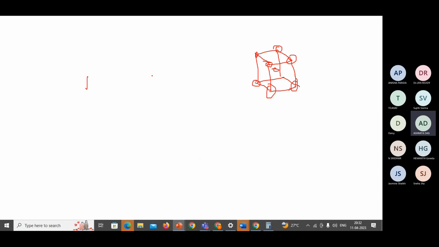Face diagonal is like this diagonal. This is the face diagonal.